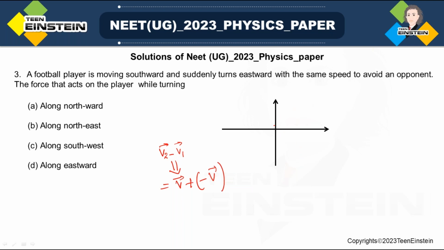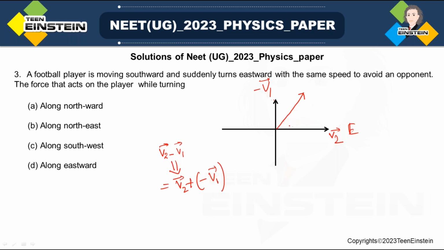So for the time being, let us write this v2 and v1. In this case, look, this is v2 because it is in the east direction, and this way it is minus v1. So the resultant of these two vectors obviously will be in this direction.